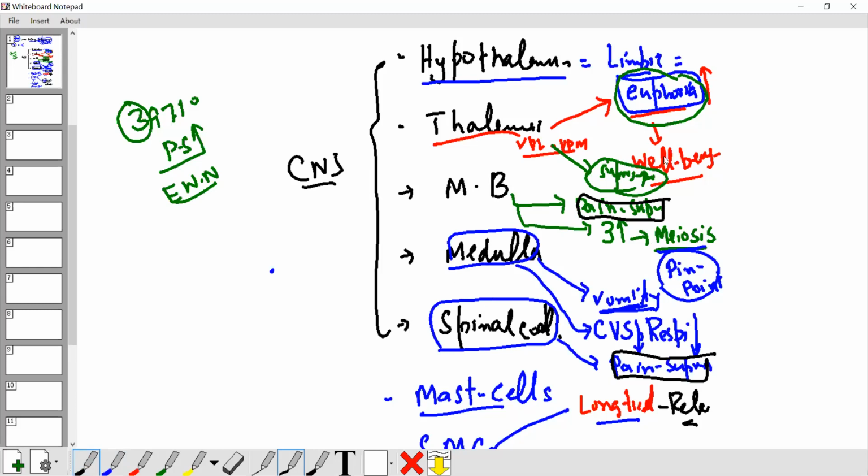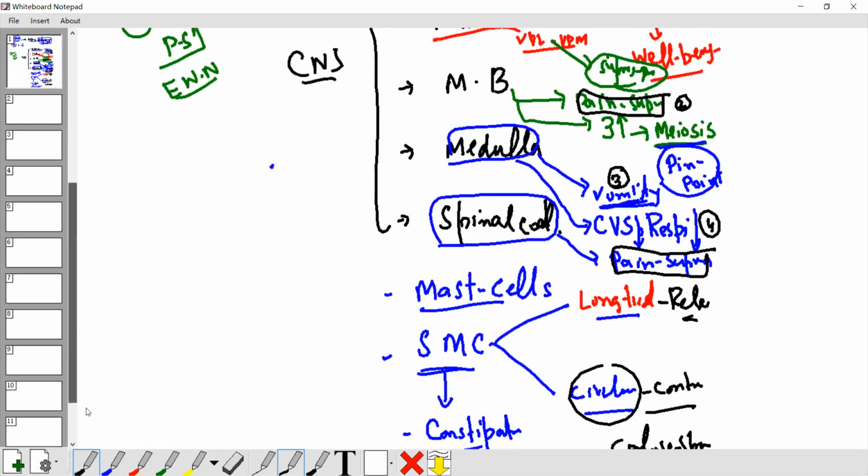The remaining things here are producing side effects. One, euphoria. Clear? Side effect here, miosis. Side effect here, vomiting. Side effect here, CVS and respiratory depression.